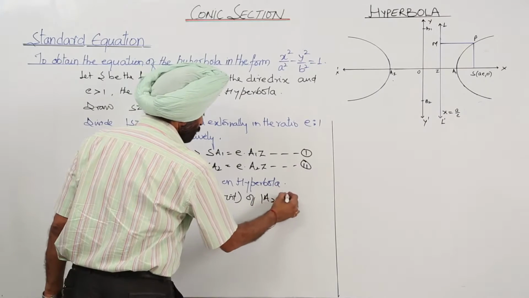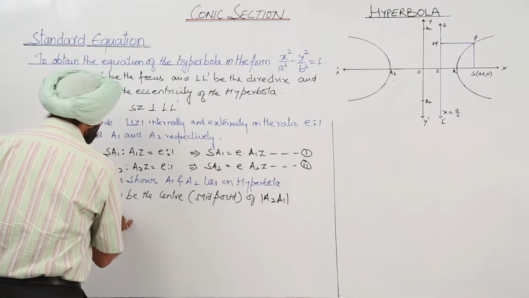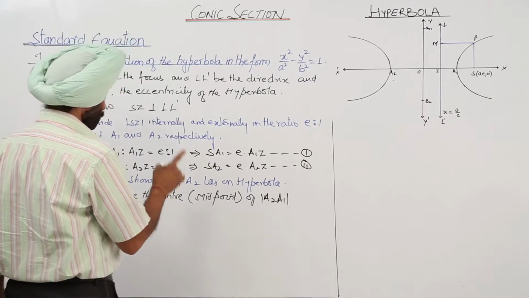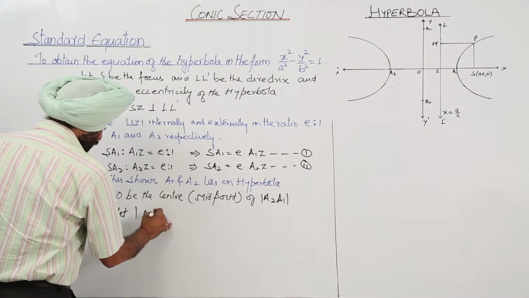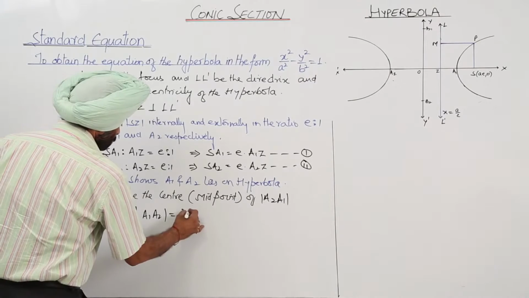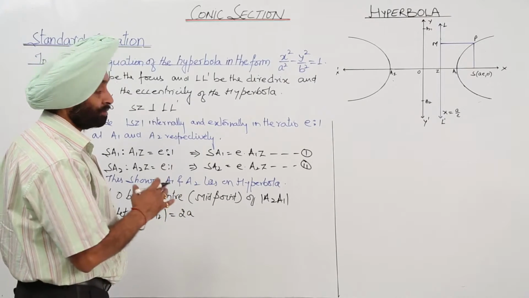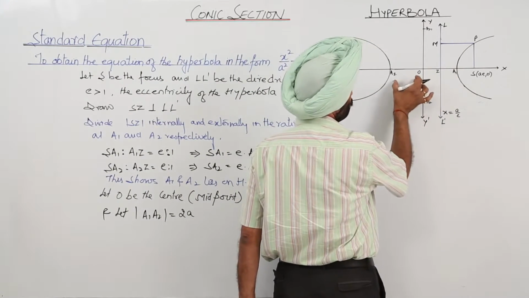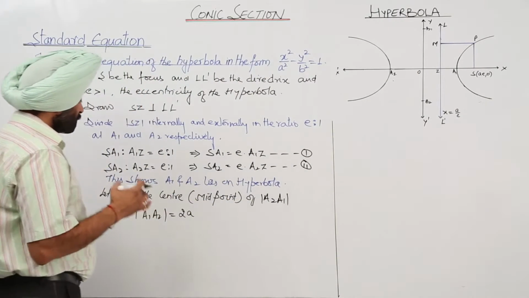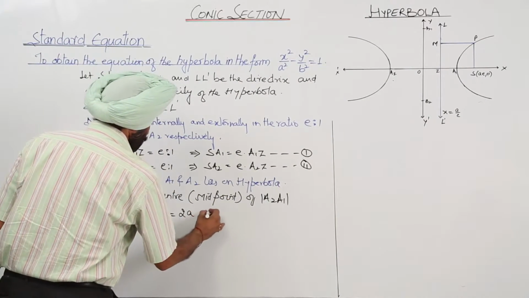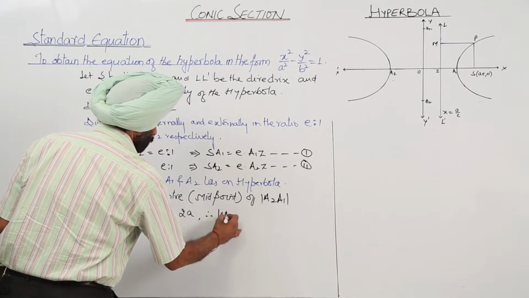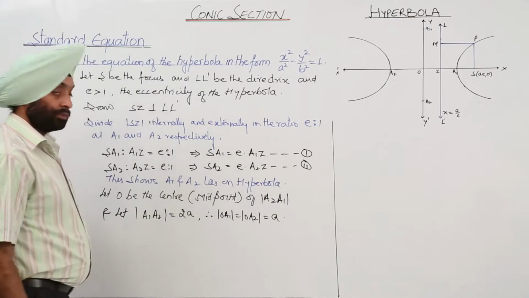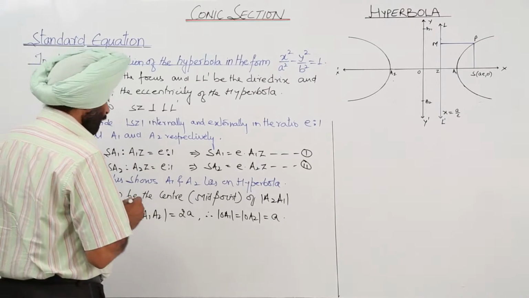We can use a distance also, let A1 A2 be equal to 2a. The distance between A1 and A2 we are taking as 2a. Now O is the midpoint, so OA1 and OA2 are both equal to small a. Therefore, OA1 is equal to OA2 is equal to a. Is it clear?